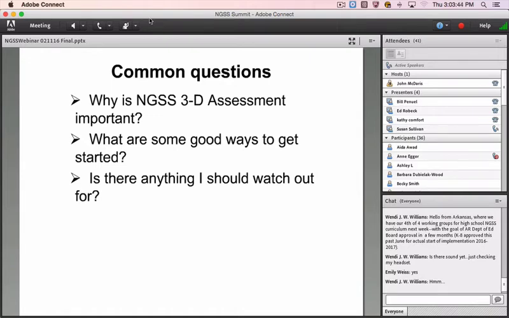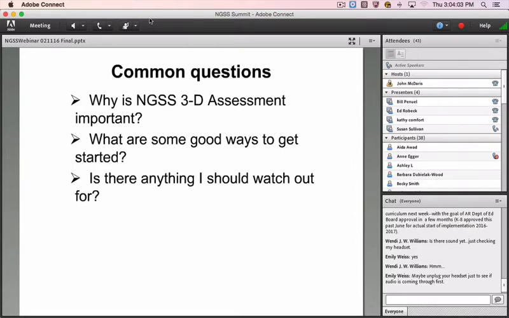People wonder, what are some good ways to get started? How do you even approach this task? And then anytime you're getting started on something new, there's always the question about what I should watch out for. So are there pitfalls, or are there common rookie mistakes that people might fall into? So just some things to share, the sorts of things I hear, and some things to maybe be in the presenters' minds as they're going through.